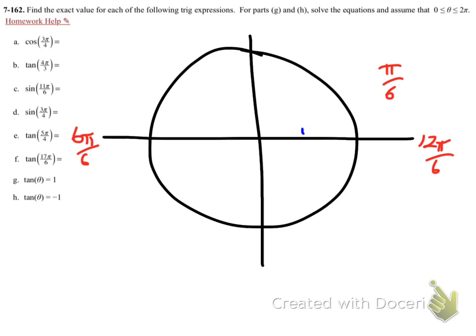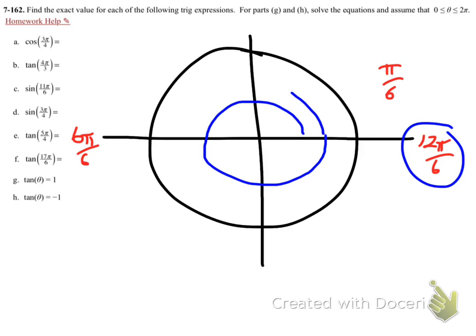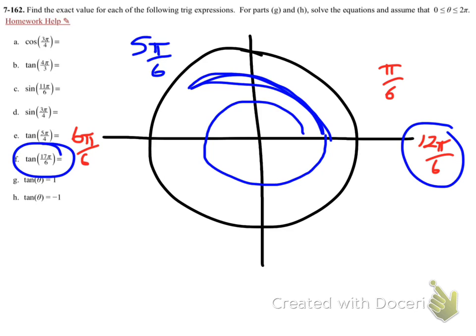That means 17 pi over 6 makes one whole revolution, which is again 12 pi over 6, and then has to go another 5 pi over 6. So when it adds 12 pi over 6 plus another 5 pi over 6, that's how we get our 17 pi over 6. So the location of that is going to be the exact same as a 5 pi over 6.